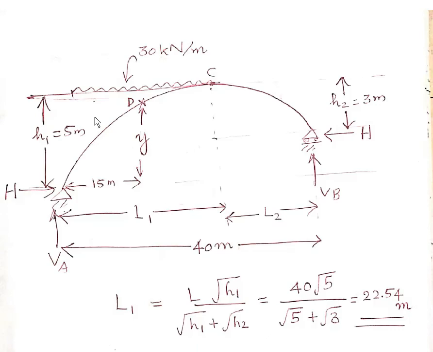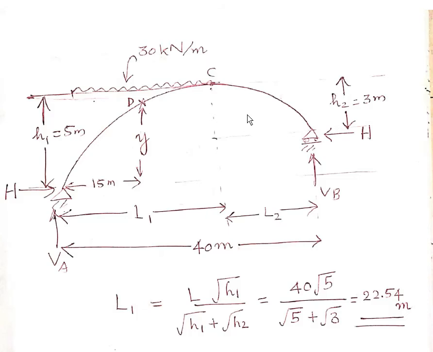So this is our arch. So you can see here the rise, the springing points are at different levels. So usually rise is the level difference between the springing points and the crown.